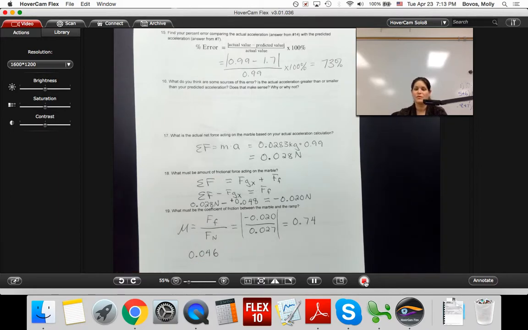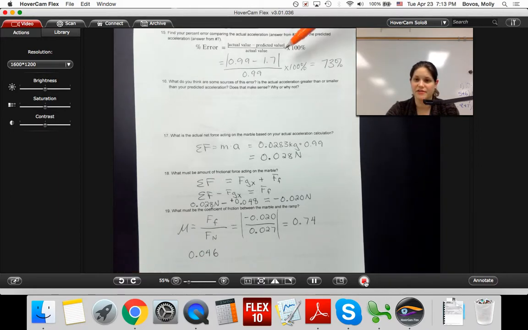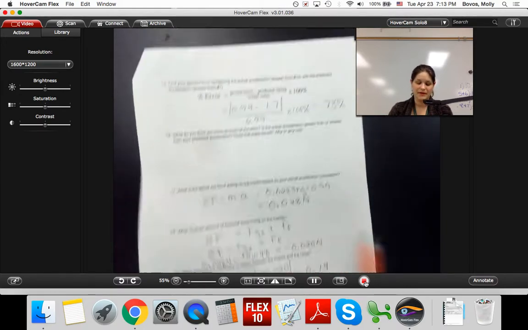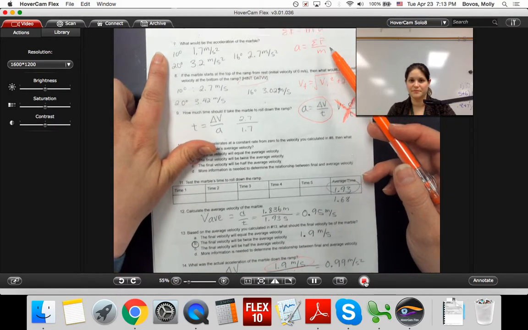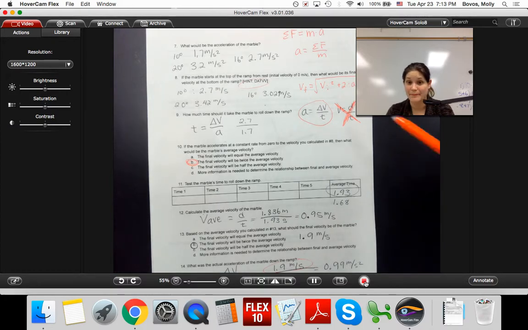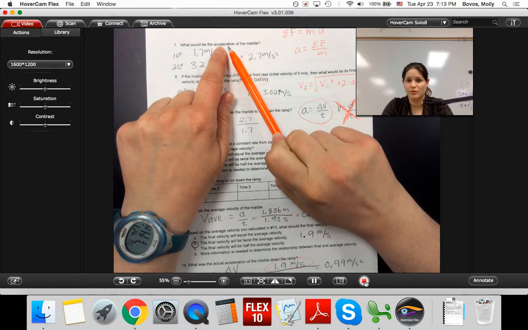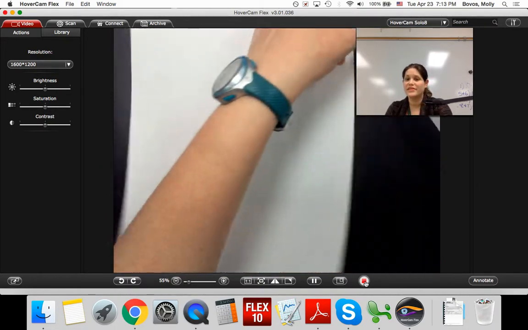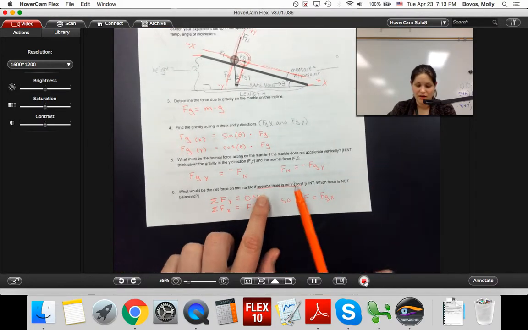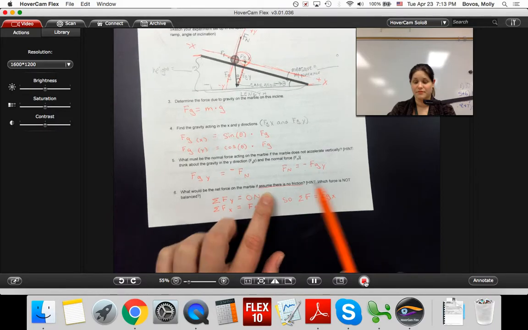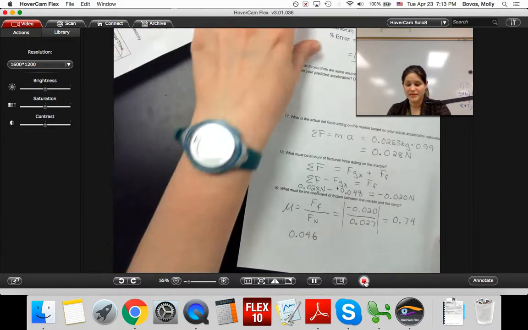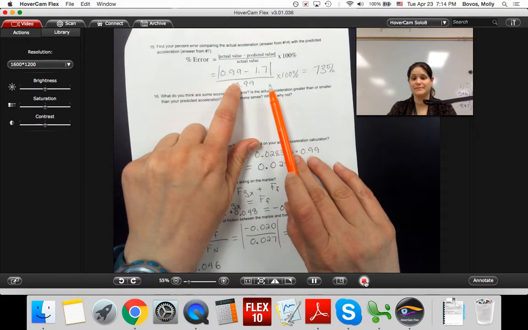But what we also wanted to talk about here is what are we actually comparing? Because in this situation, comparing the acceleration to our predicted acceleration, we're not actually comparing apples to apples right now. Remember, this acceleration, we calculated that with the assumption that there is no friction. So this error is not just about a timing error.